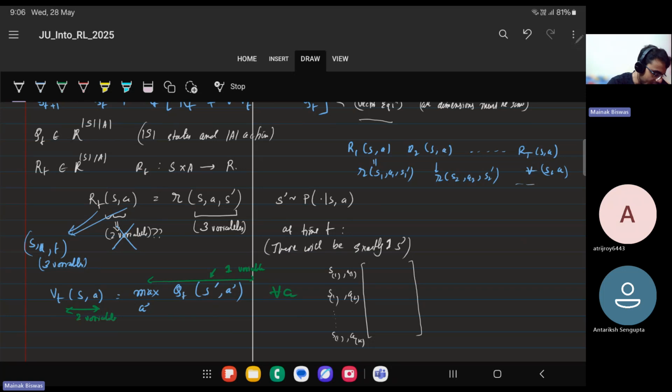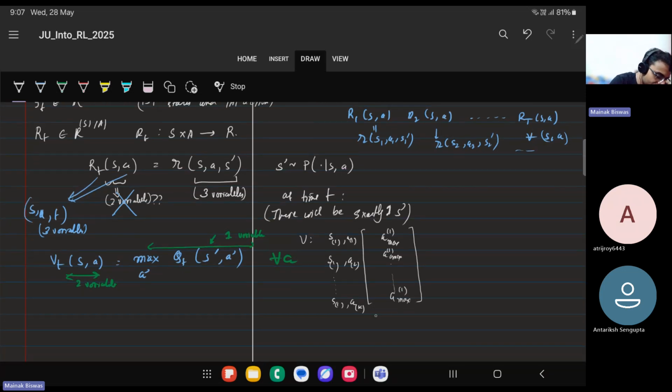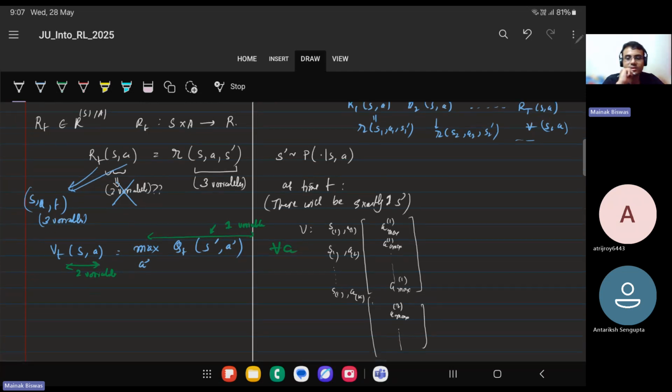And then for all of these, the V value function will just have the max value. Say this is A max for the current state one, right? And similarly, for the second state, you will have A max 2 and so on, correct? No problem.